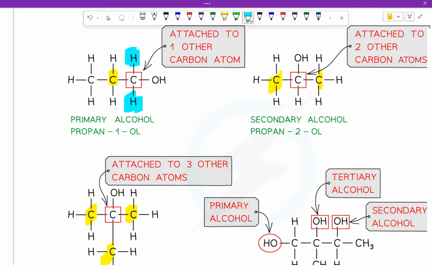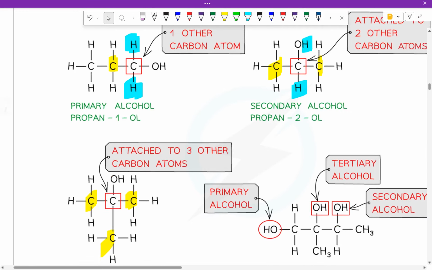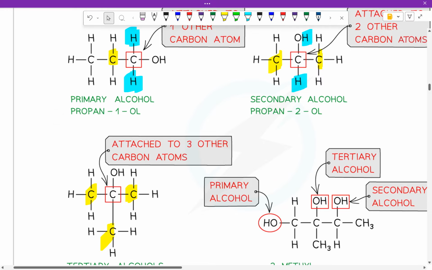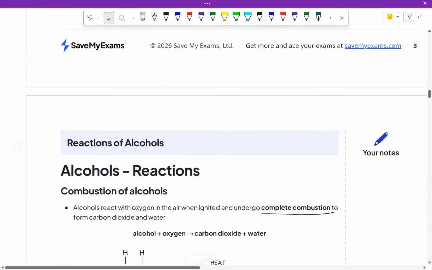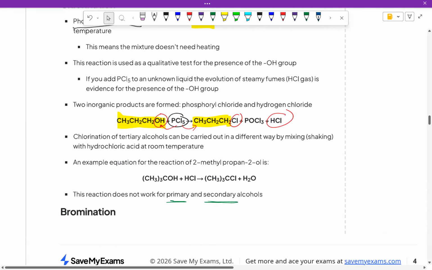Here and here directly. That is the reason why primary can take two, secondary takes this one, and also the alcohol one. In tertiary there is no oxidization, but primary and secondary do have it.